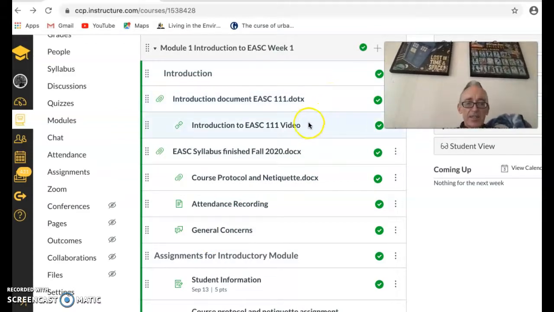There's going to be this introductory video, there's the syllabus, there is a document relating to course protocol and netiquette, which is basically what's expected of you within the course. There's a section on how attendance is going to be recorded, and there's also a section called General Concerns.